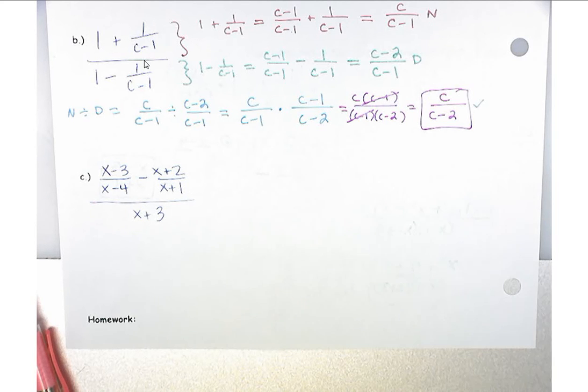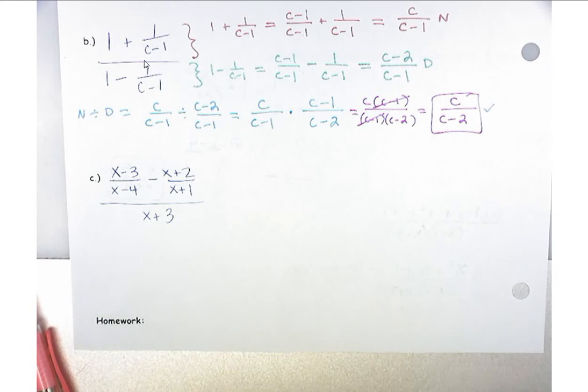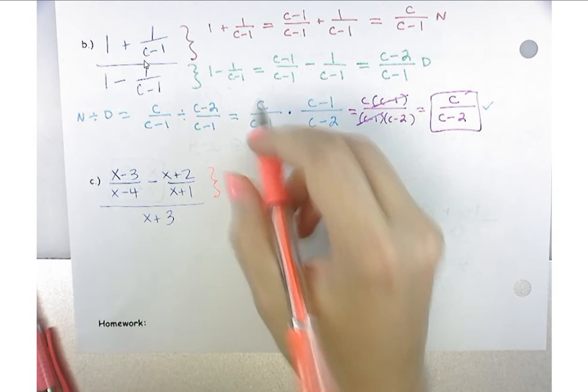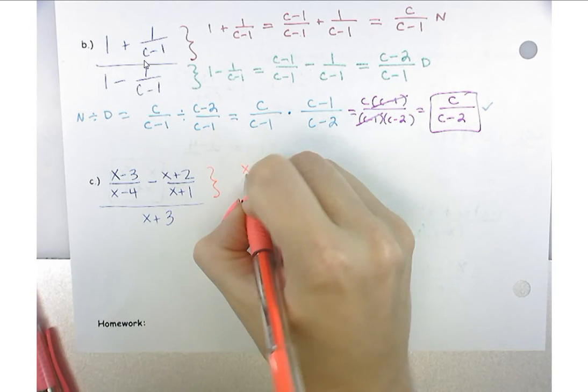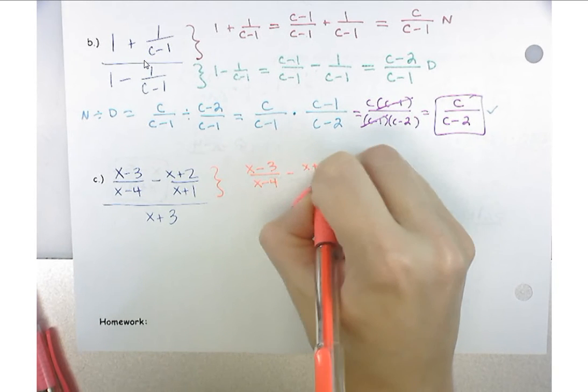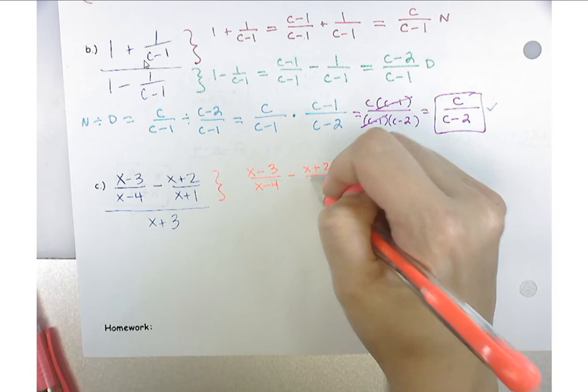Okay, so maybe you've started to simplify the top and you realize that this one is a little bit different. So when you're doing the numerator, I know a lot of you knew that your LCD was going to be x minus 4 times x plus 1.